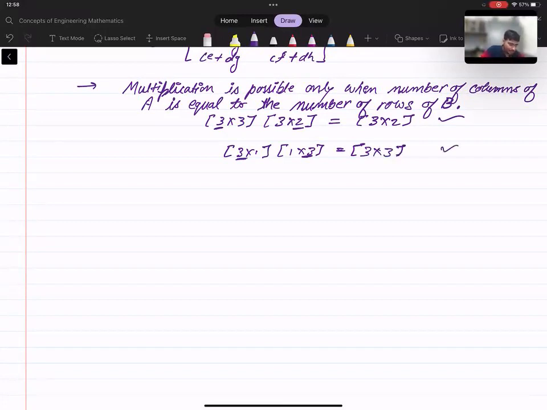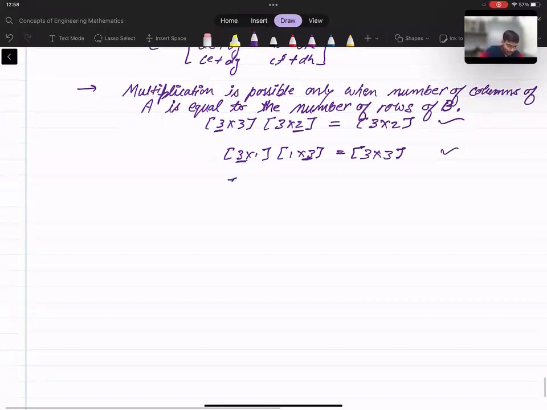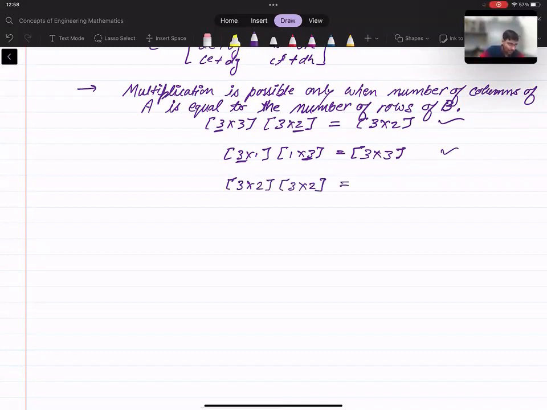But suppose we have a matrix of order 3 by 2 and it is again being multiplied with a matrix of order 3 by 2. This will not be feasible. So this is not possible. The meaning of this statement is like this.